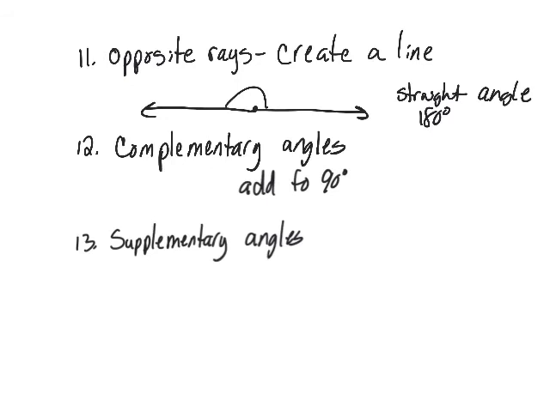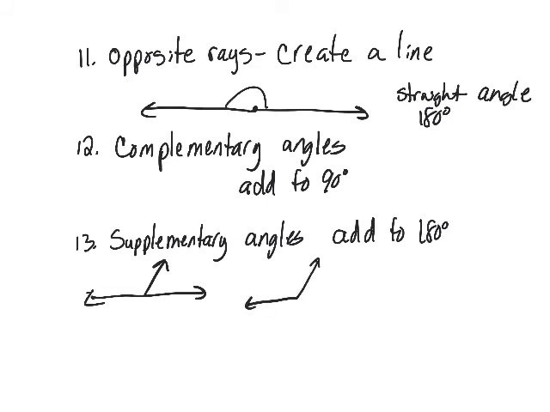And then we have supplementary angles. Supplementary angles add to 180. And again, they can be connected to each other, like this, or they can be separate and still supplementary. If they add to 180, they're still going to be supplementary.